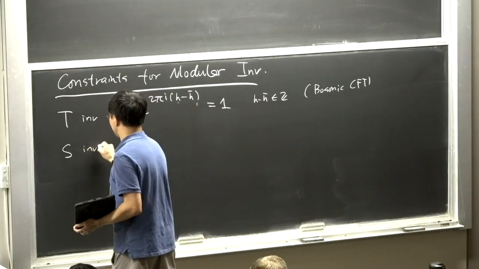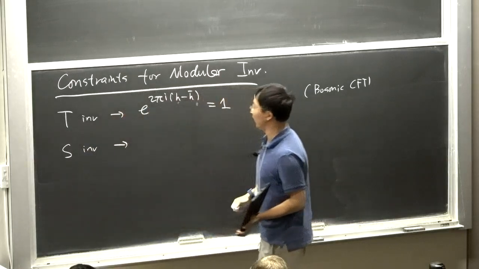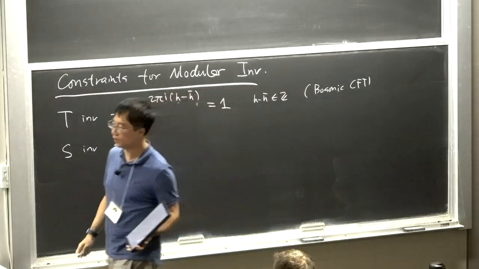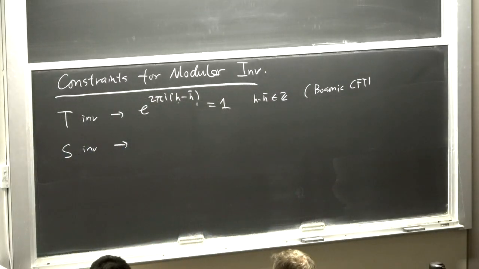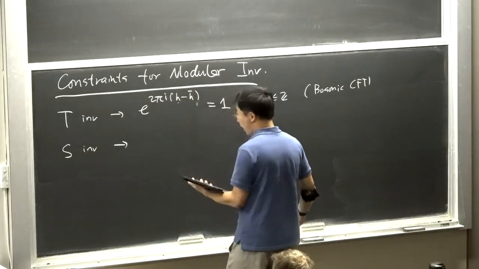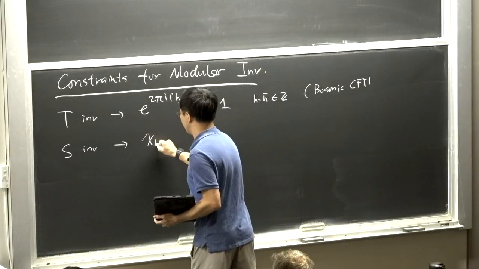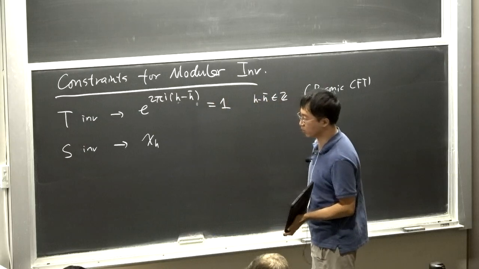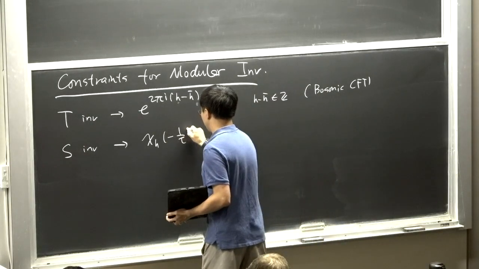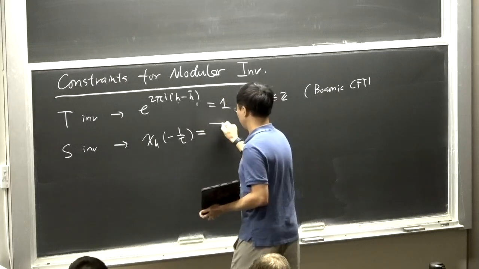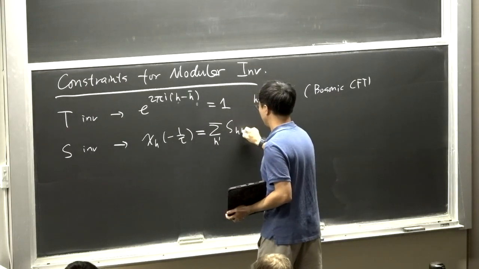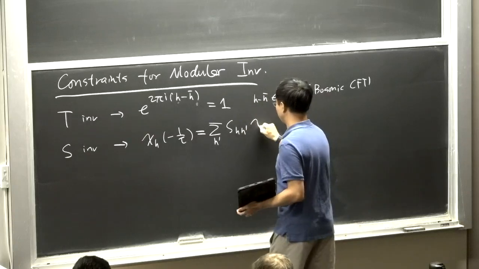The constraint from invariance under this so-called S duality transformation, the modular S transformation, is more interesting. And using the fact that the Virasoro characters transform in this way. So in general, the Virasoro characters transform by a complicated matrix.